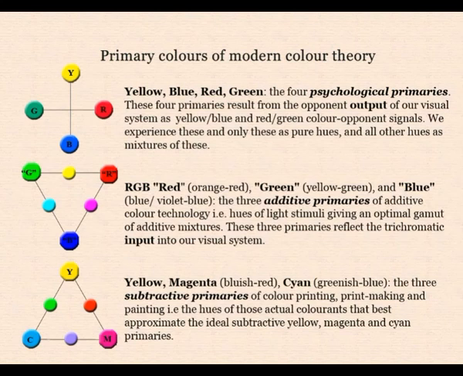Thus before the 20th century, when our best available colourant-mixing primaries were slightly greenish-yellow, bluish-red and greenish-blue paints, we almost universally labelled these primaries simply as yellow, red and blue. In the same way today, we routinely label the orangish-red, yellowish-green and blue or violet-blue primaries of additive mixing technology as simply red, green and blue, as in RGB.